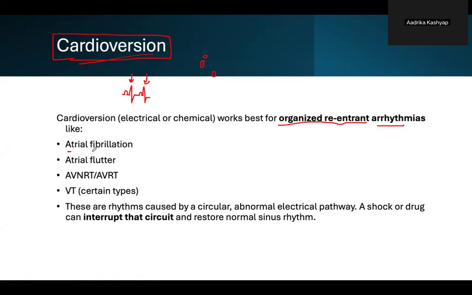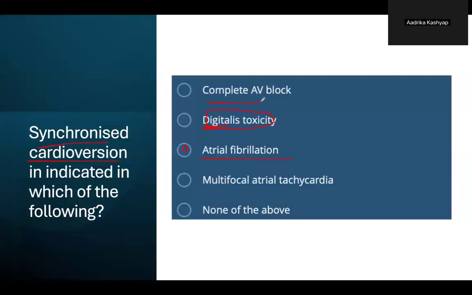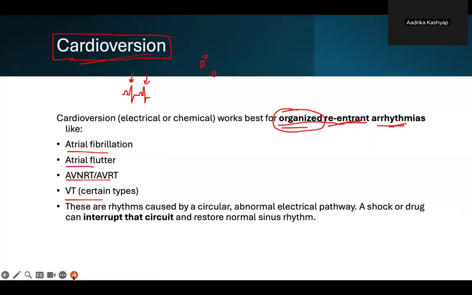Over here you have some examples of re-entrant arrhythmias. And why is it that you can only do it in organized re-entrant arrhythmias? Every single word over here that I've written is important. If it's disorganized, for example a complete heart block, it's not organized, so that excludes it.